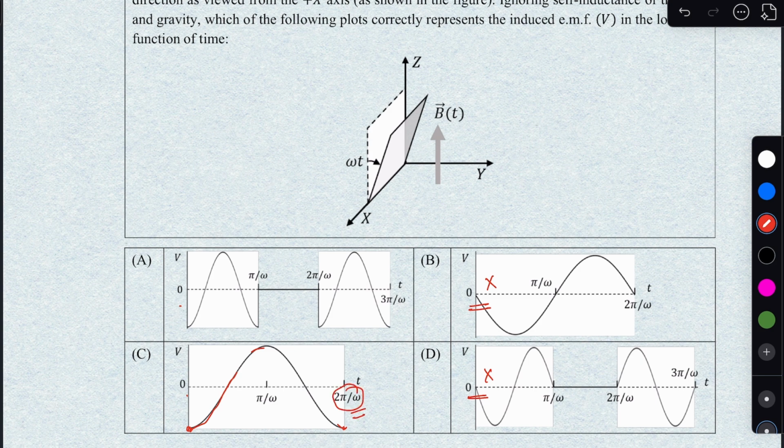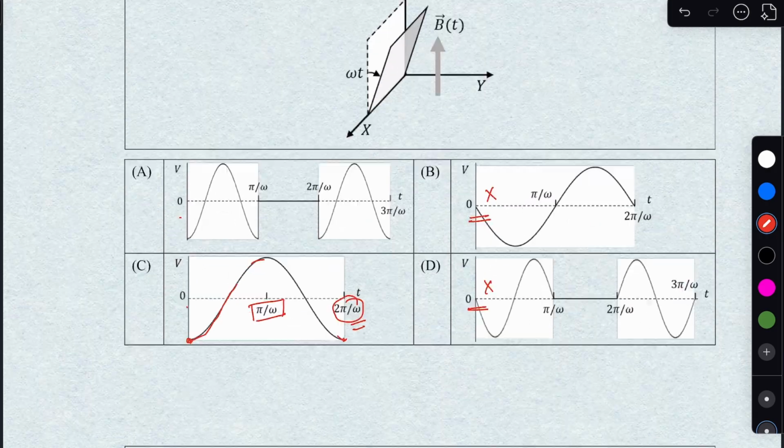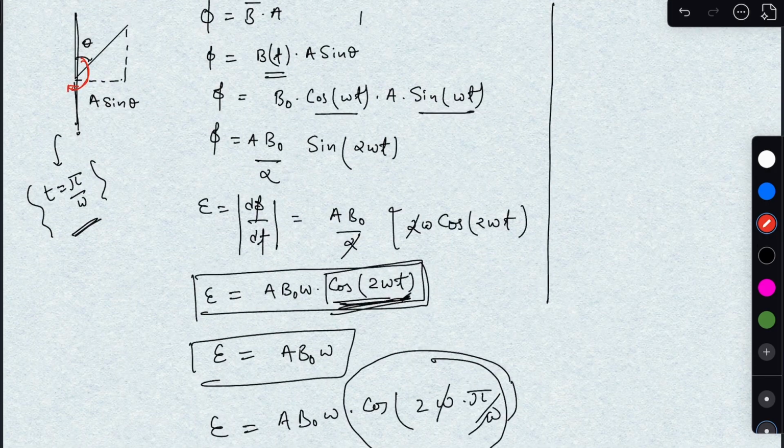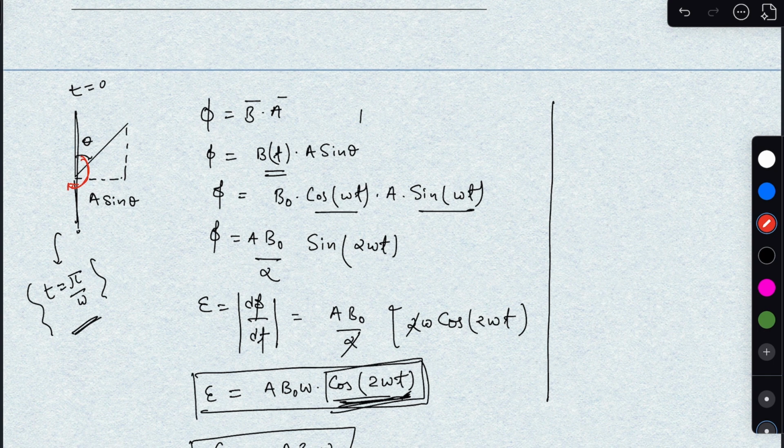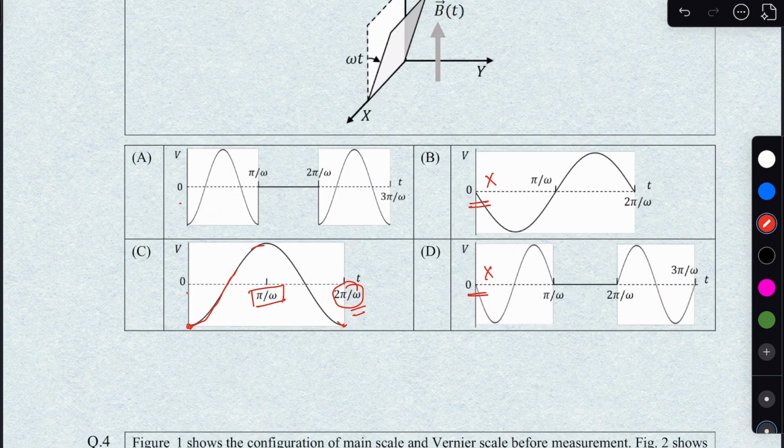In a time period of pi by omega itself, this EMF completes a complete cycle, because here we get 2 pi. After that, there is no magnetic field, so although we rotate here, there will not be any EMF, so there should be 0 EMF in the graph as well. So from that I can say option A should be correct.